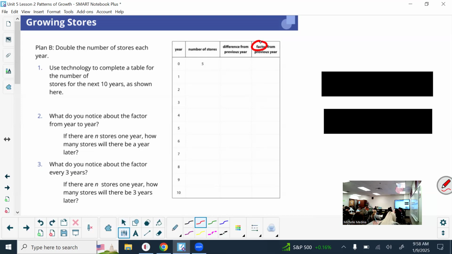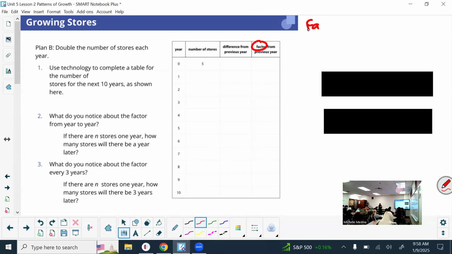What math do we associate factor with? Multiplication. Someone said division earlier, and I see where the thought process was, because if you don't know the factor, you can divide and figure out what the factor is. But factors are things you multiply. If you don't know that, write that down.